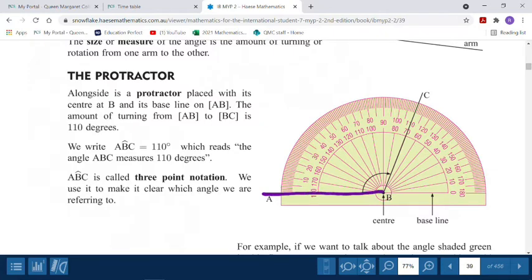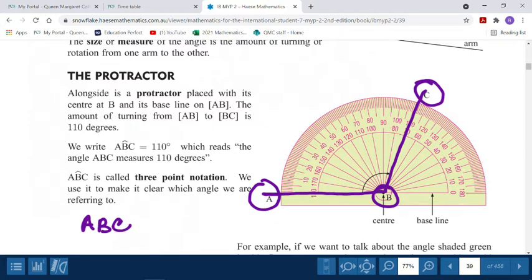It starts at A, then goes to the vertex, which is at B, which is also the intersection, and then goes up to C. So we call this angle ABC. All angles have to have 3 parts. You have an end.